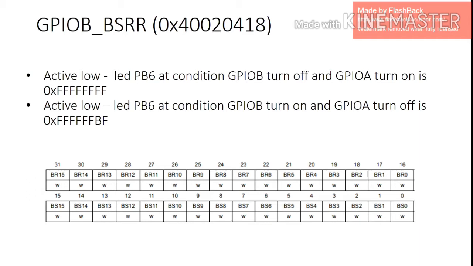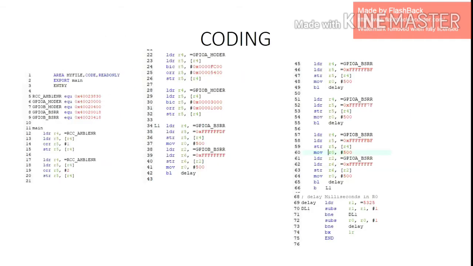When LED PB6 at condition GPIOB turn off, it will be GPIOA turn on is 0xFFFFFFFF. So when LED PB6 at condition GPIOB turn on, will be GPIOA turn off is 0xFFFFFFBF. So this is the coding.